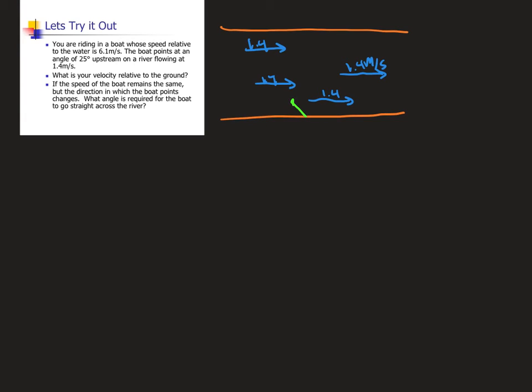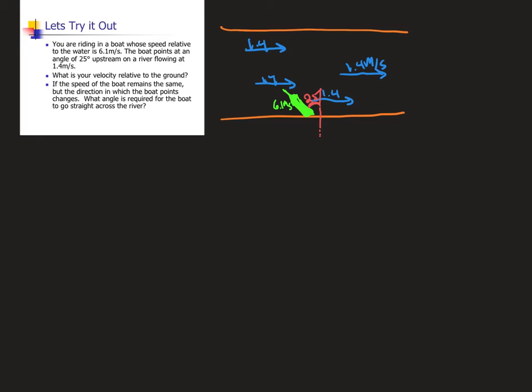I'll just draw a little boat here. Not the best boat, but it has an angle of 25 degrees, and when I draw that, it would be 25 degrees right there. Now the boat has a vector quantity of 6.1 meters per second.